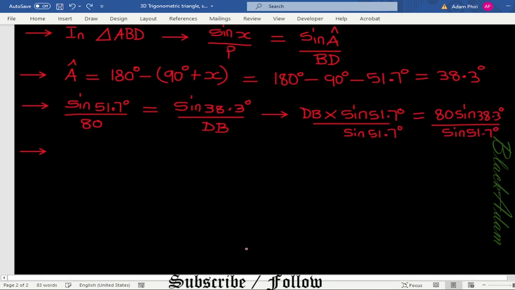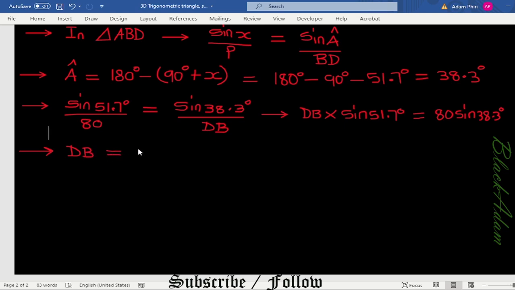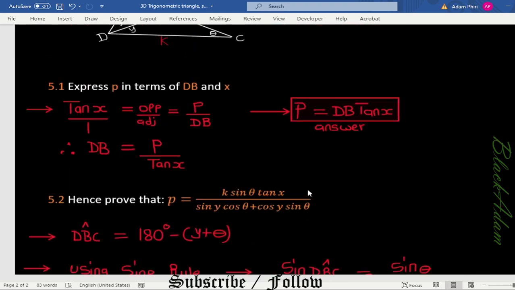That cancels that, so let's just simplify that first. That dB is equals to 80 degrees multiplied by sine 38.3 degrees all over sine 51.7 degrees, and that gives us the equivalence of 49.58 meter. So that's the length for dB.